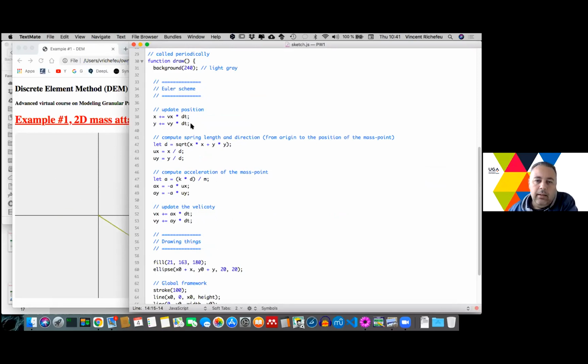So as before, I update the position by taking care of the current velocity. So here I've got position at time t plus delta t. Then I will make things here and I will comment. And after I will update the velocity.